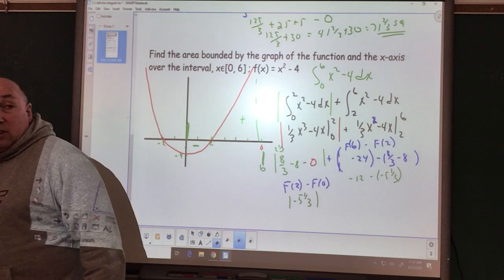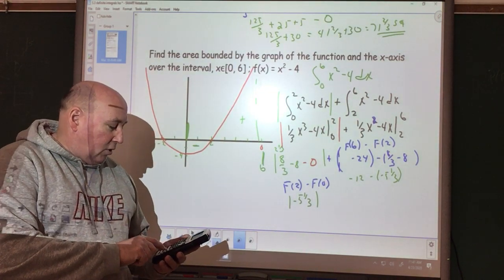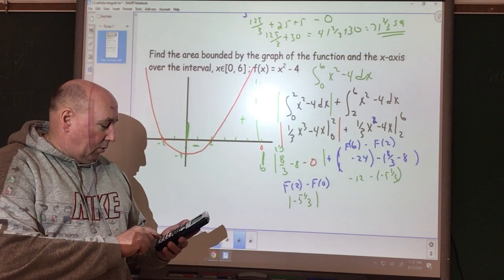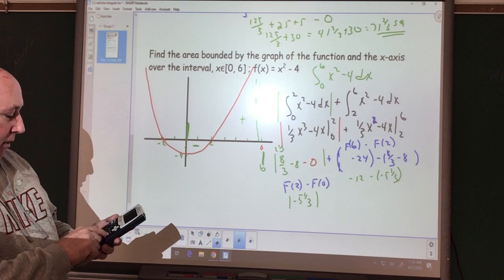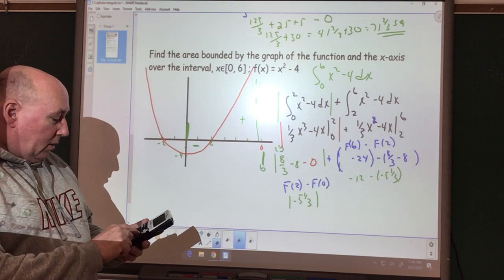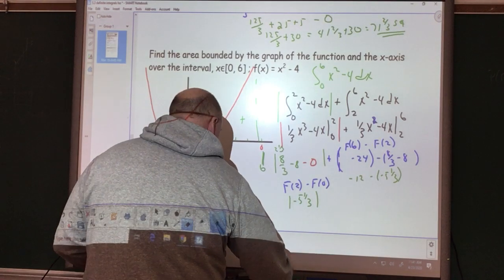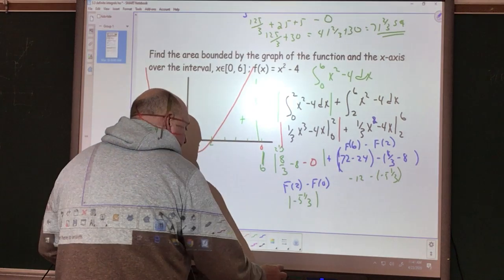So I take 6 cubed divided by 3. All right, that looks a little bit better. It gives me a value of 72.